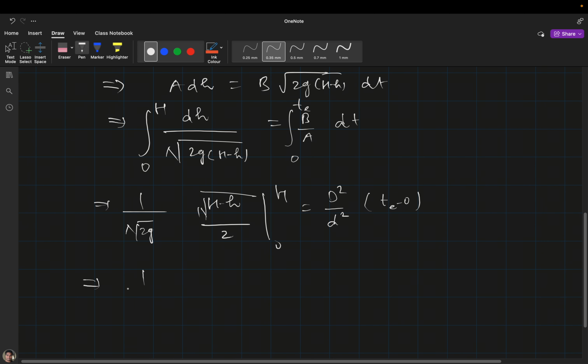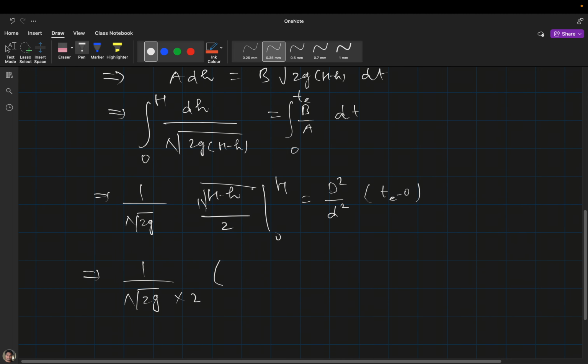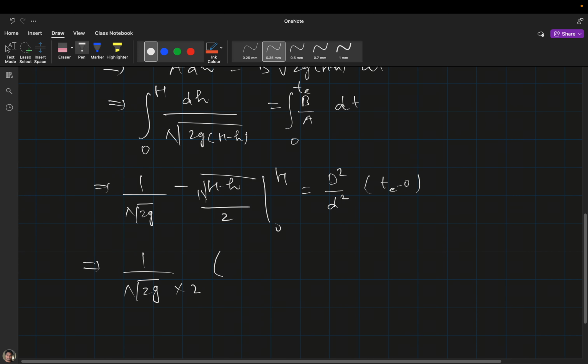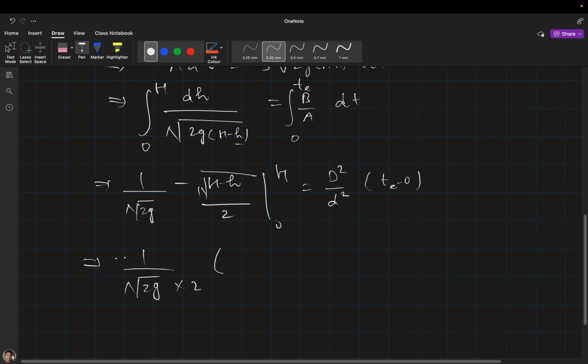Now it will be 1 divided by square root 2g multiplied by 2. Now you can see that a negative sign will come, right? The power is negative, no? So negative sign will come because you are integrating with respect to h. After integrating here, a negative sign will come.